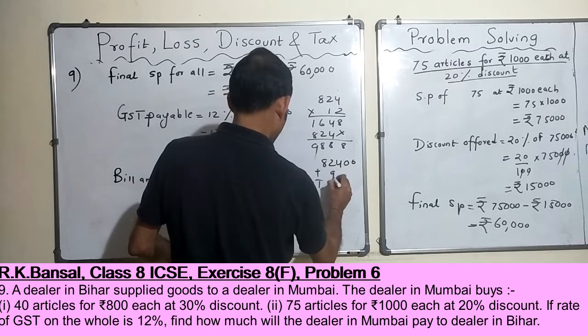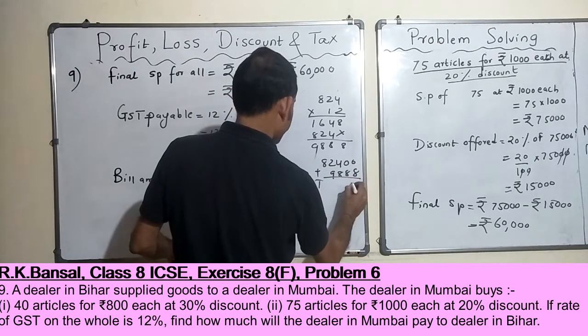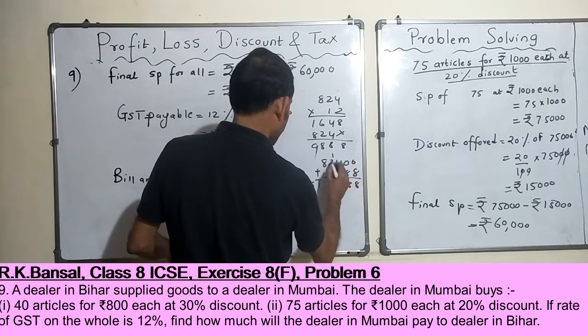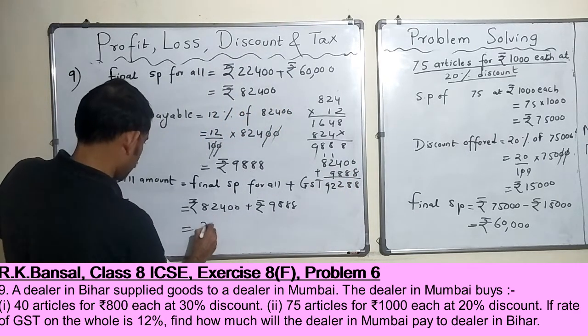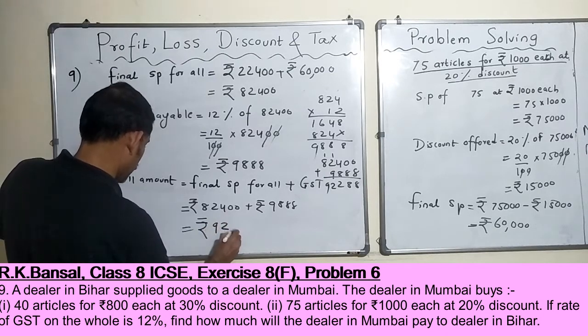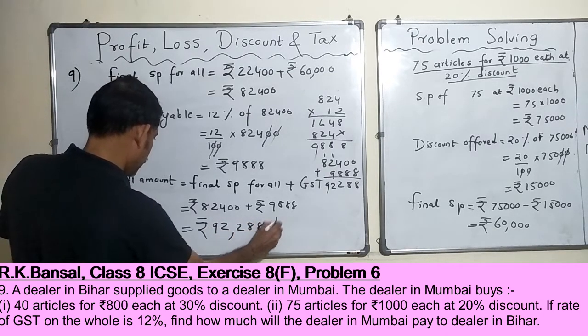Children, do you know? So the answer is 92,288.